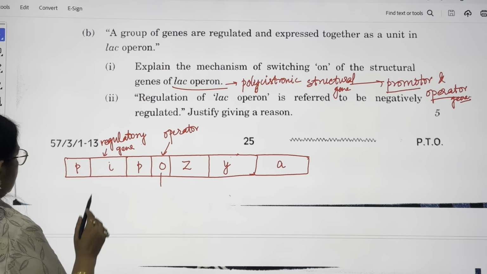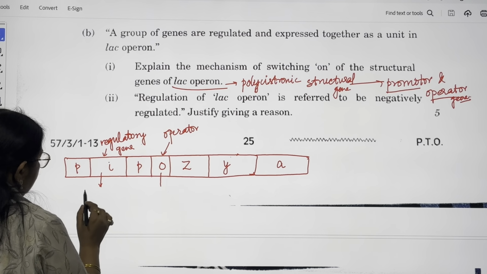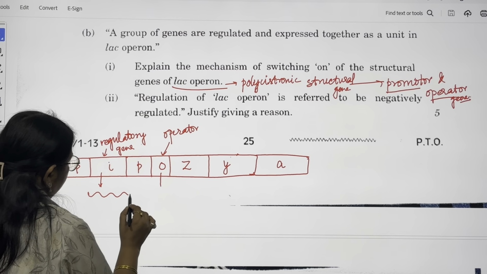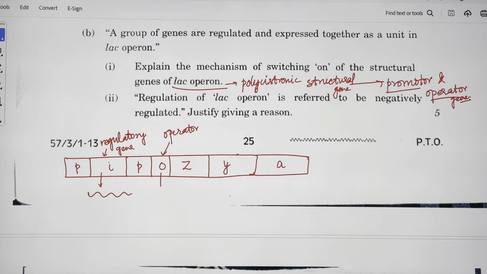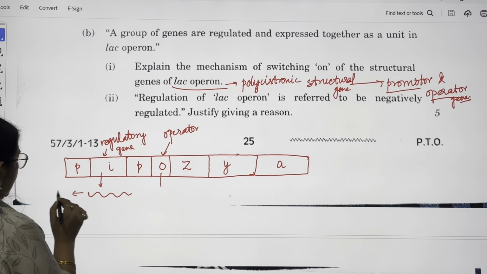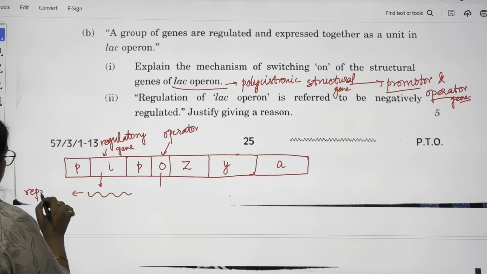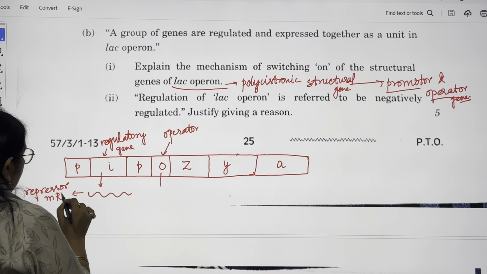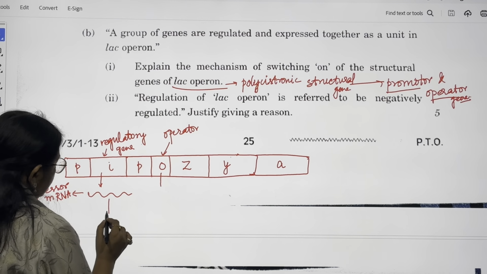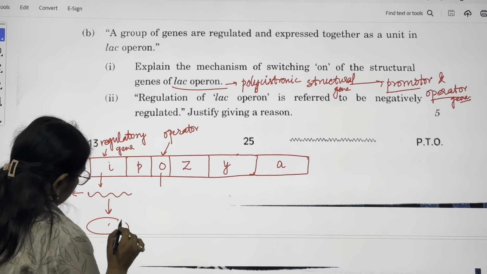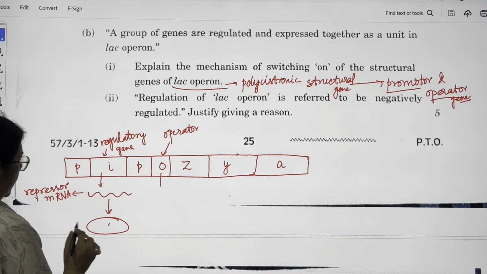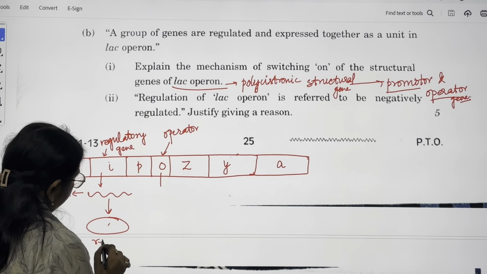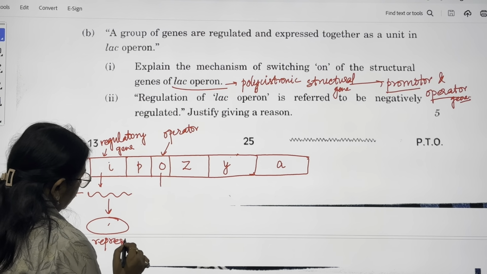So what happens? This I gene is actually responsible for the formation of a repressor mRNA. And this repressor mRNA, when it is translated, a protein is formed which is known as repressor protein.